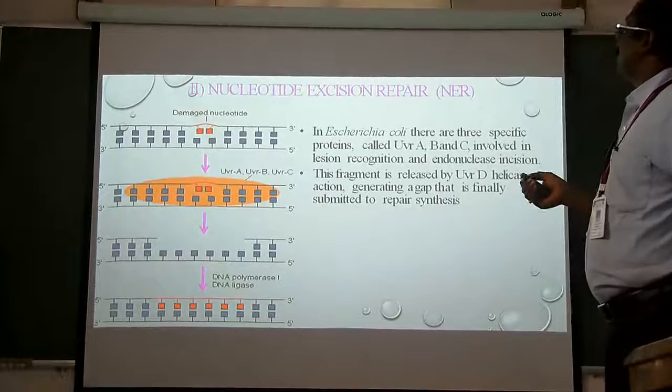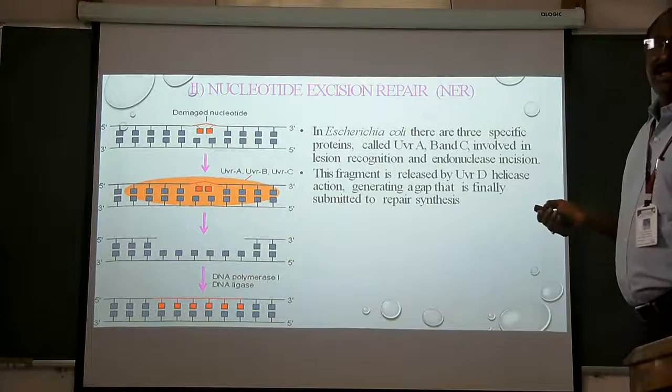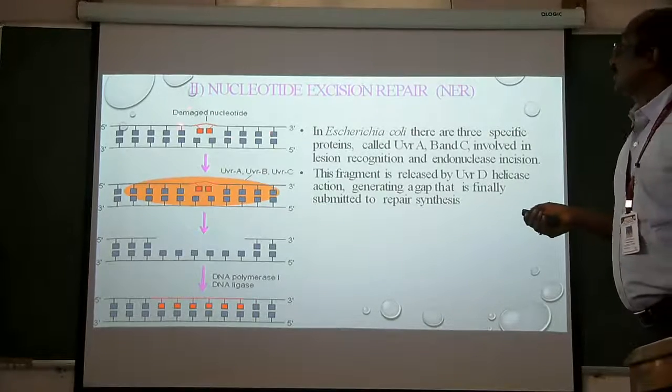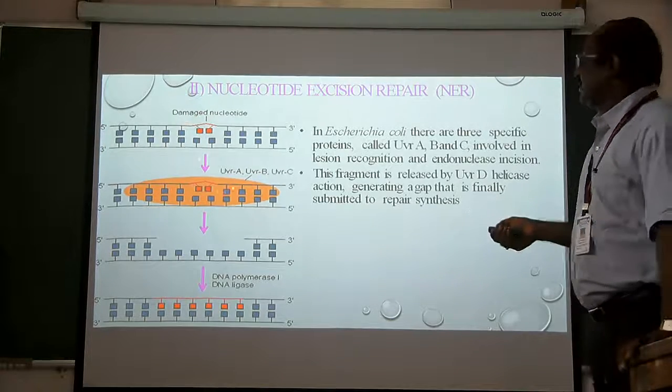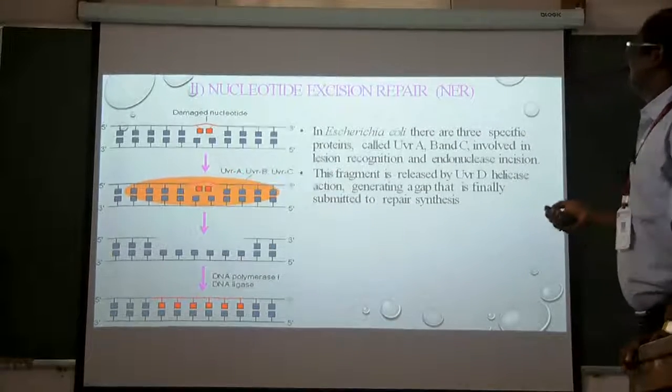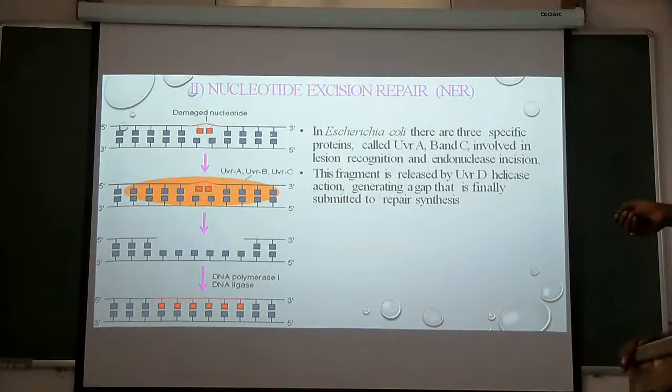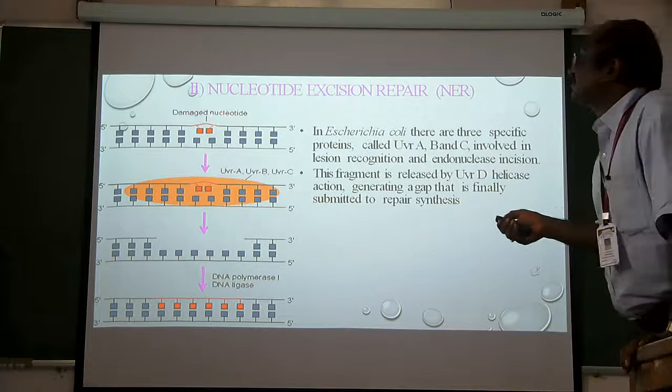So this is nucleotide excision repair, NER, where the damaged nucleotide is identified and replaced. These are in E. coli, Escherichia coli, where three specific proteins, UvrA, UvrB and UvrC, are involved in lesion recognition and endonuclease incisions.